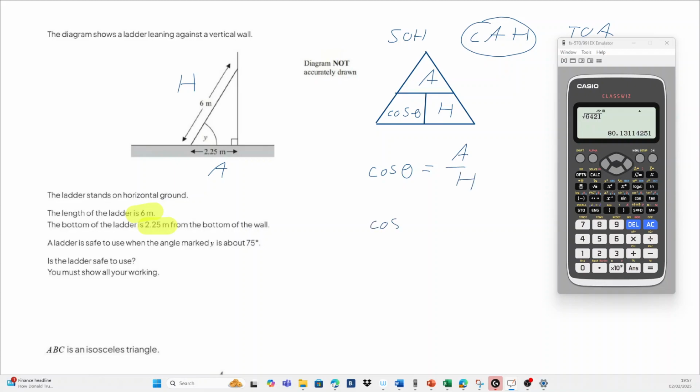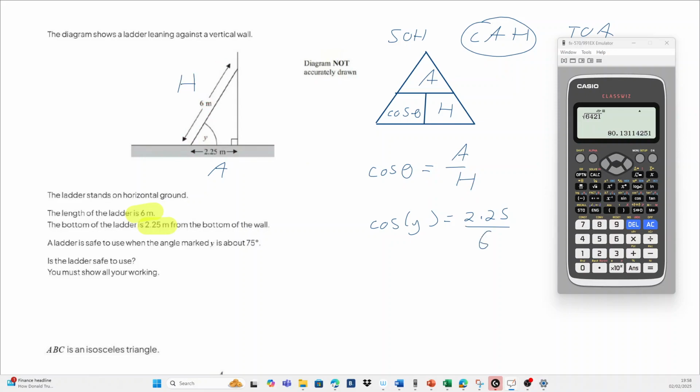So cos of the angle, well, the angle for us, they've called it Y. So just replace it with Y being equal to the adjacent, which is 2.25. We are dividing by the hypotenuse, which is 6.